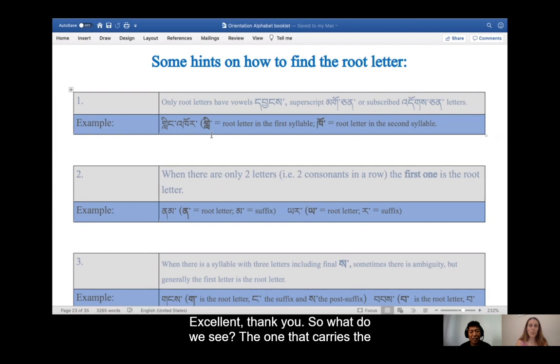Excellent, thank you. So what do we see? The one that carries the vowel and is the letter that is more complex here, Ka, lapta, la, kikuli, is the root letter in the first syllable. Now we have two syllables in this word, and those two syllables are separated by the tsek. Our tsek is this little dot that you see over here, which shows you that that's the end of one sound unit, if you remember.